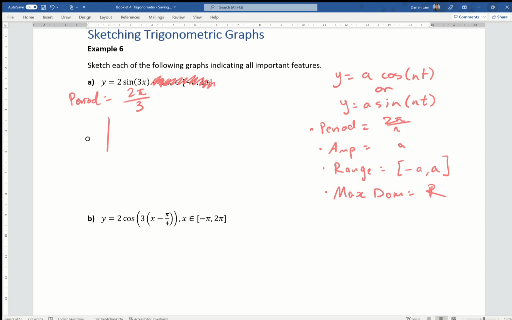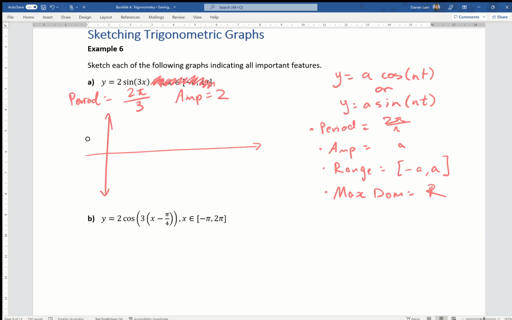So I'm going to very roughly sketch this out. In this exercise, there might be a certain domain. Substitute to find endpoints, but I'm going to very roughly do it here. My amplitude is going to be 2. If we don't have a translation, which I've very conveniently crossed out, let's start off and say, do sine graphs start at 0 as a y value, or do they start at 1? 0, great.